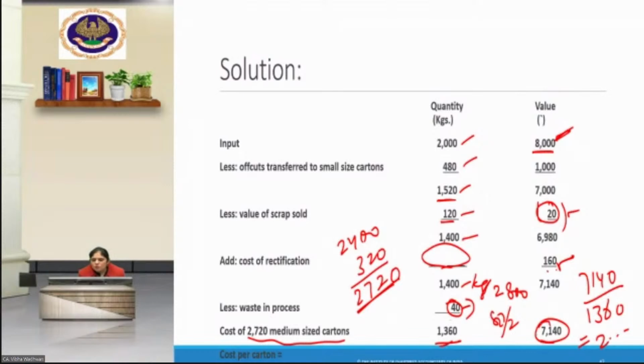So this is the total cost for 2,720 units. We'll be sharing the PPT with you again so that if you want to practice it again.